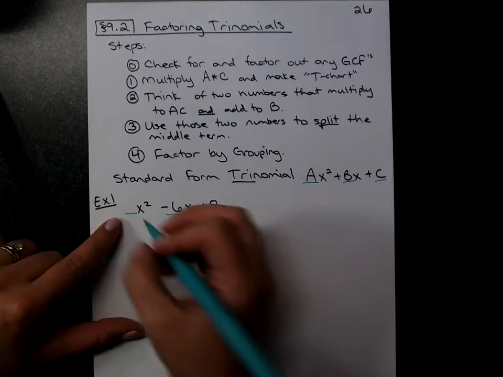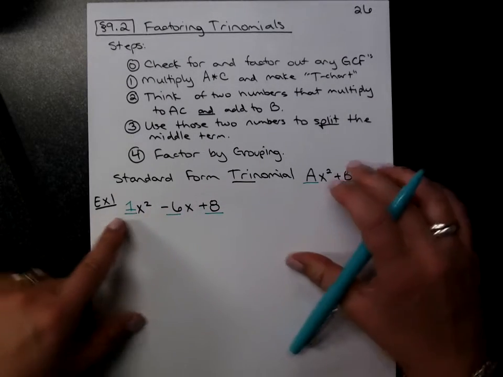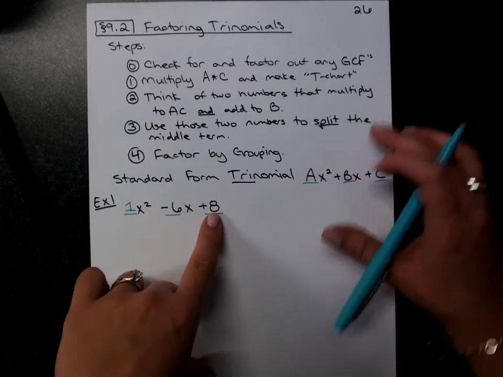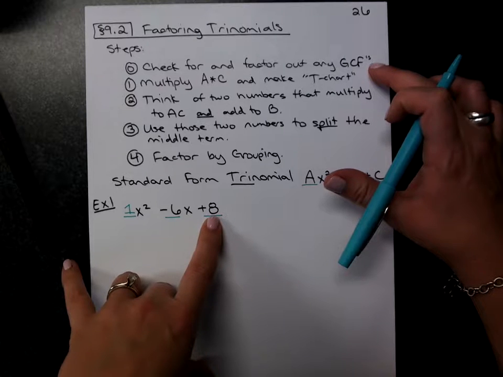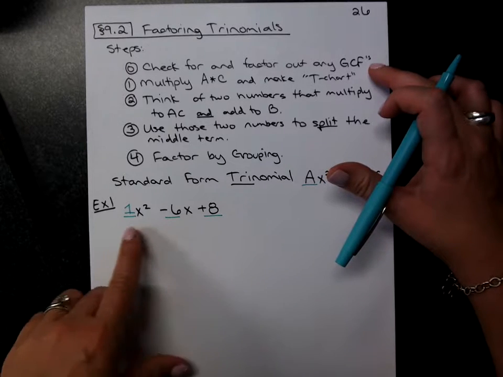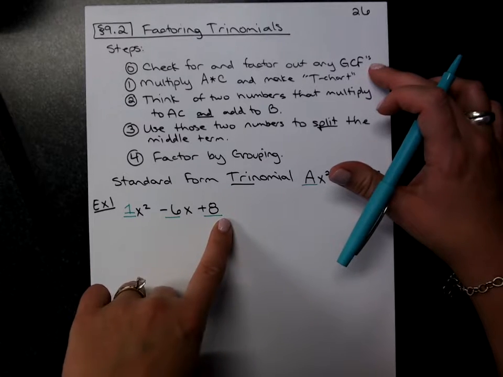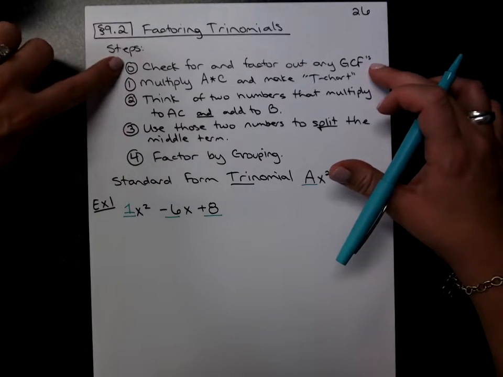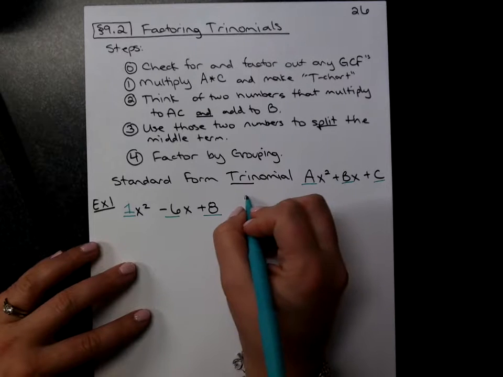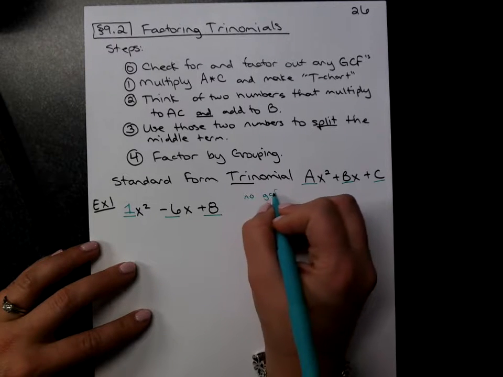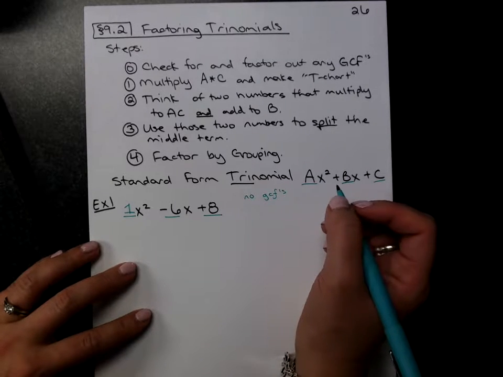So this leading coefficient on the x squared is a 1. So between 1, 6, and 8, is there a GCF other than 1? No. Then you look at your terms, x squared, x, and a constant, no GCFs there. So step 0, no GCFs.